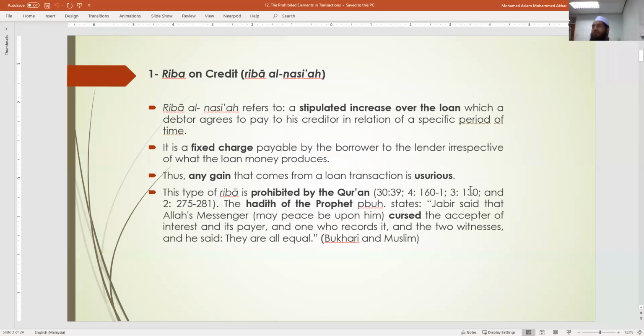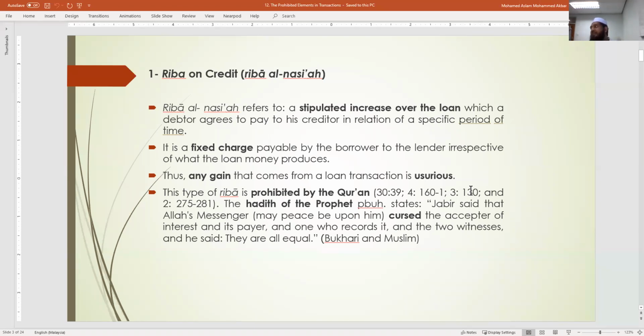He is not actually going to gain, because he has to pay back, and he is not going to pay back the same money. He is going to pay back extra money. So it's quite difficult actually for the borrower to pay back again.